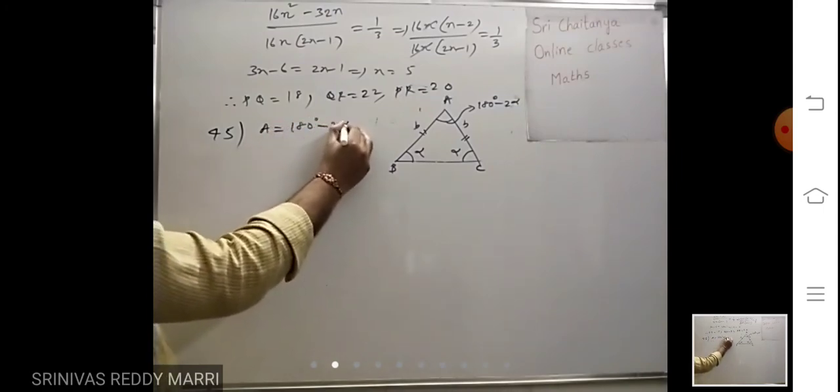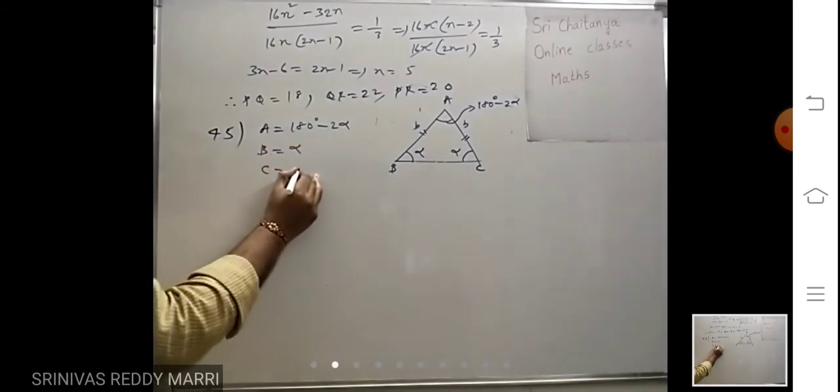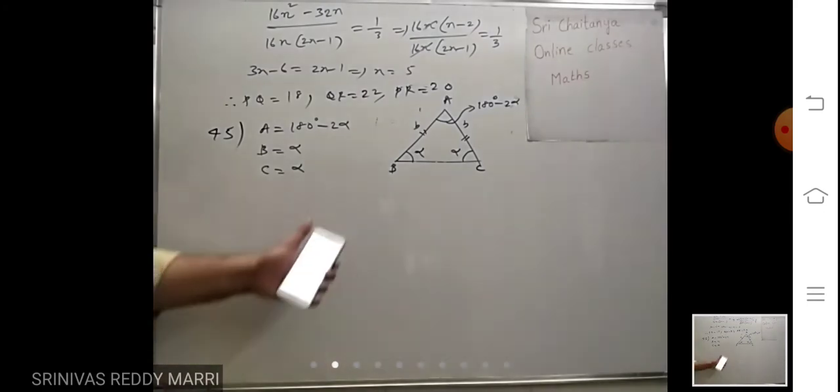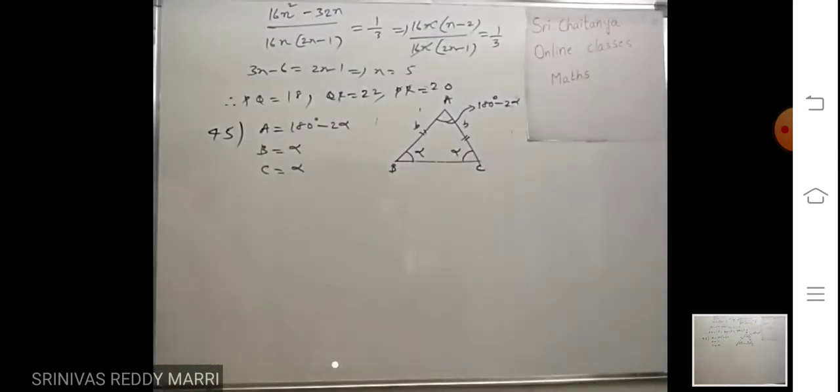Therefore A is 180 minus 2 alpha, B is alpha, C is alpha. You know these angles, and you know two sides, b and b.